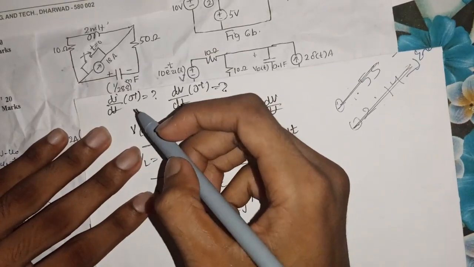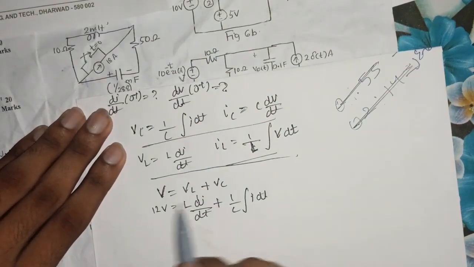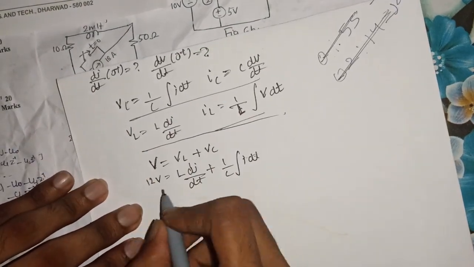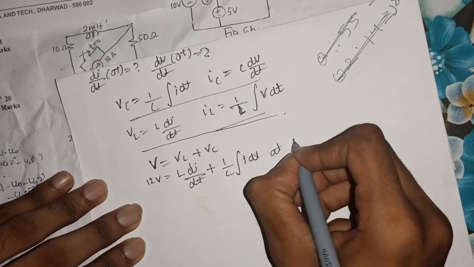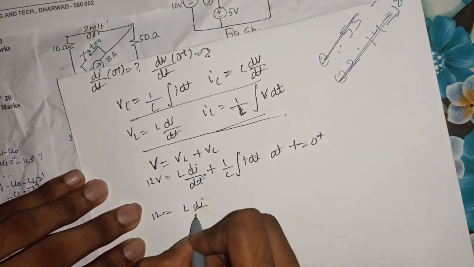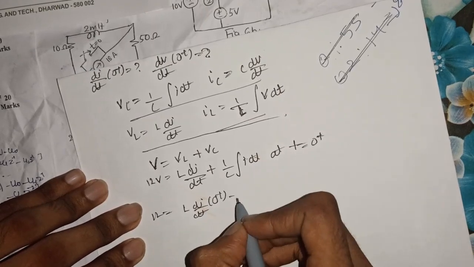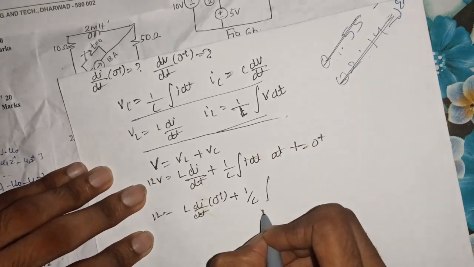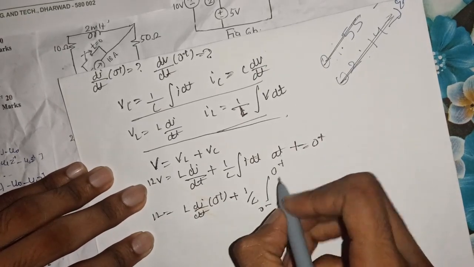Since we have to calculate the value of di by dt, in our equation we have di by dt to be calculated. Obviously all these values are to be calculated at time t equal to 0 plus. So 12 is equal to L into di by dt at time 0 plus, plus 1 over C integration from before closing the switch to after closing the switch of I dt.